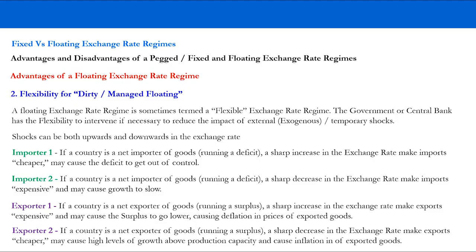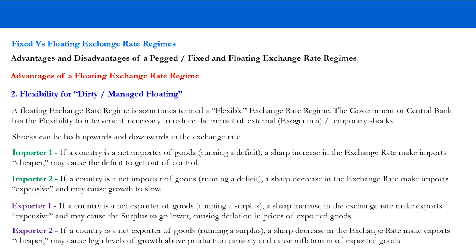And they would do that really only if there are temporary shocks to the exchange rate regime. So, for example, exogenous shocks, so shocks that are outside the central authority's control. And these shocks can be both upwards and downwards in the exchange rate.